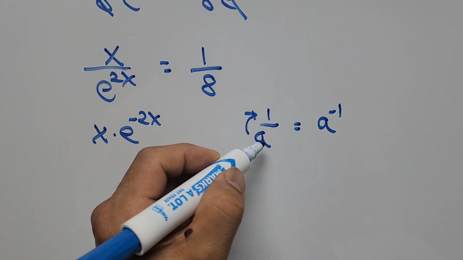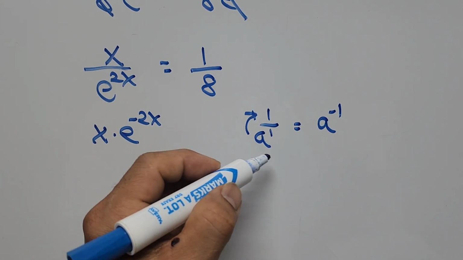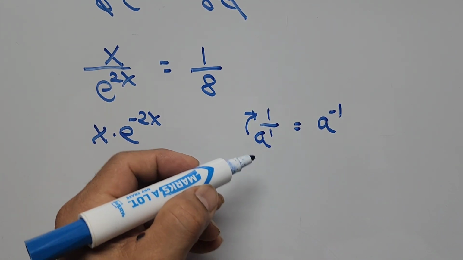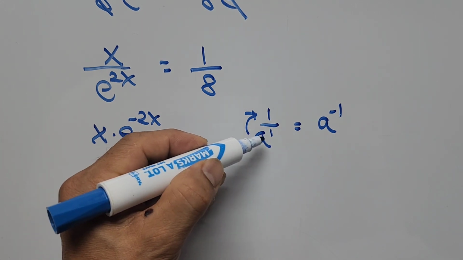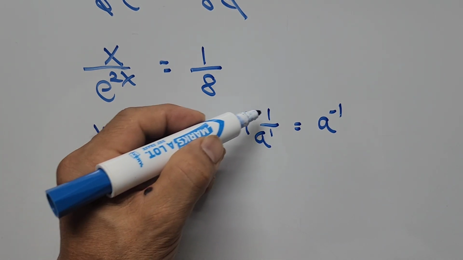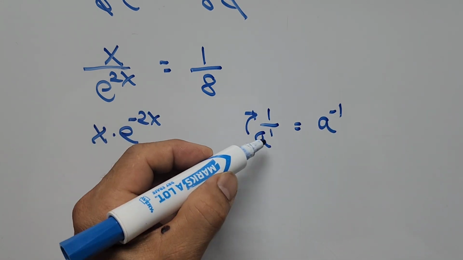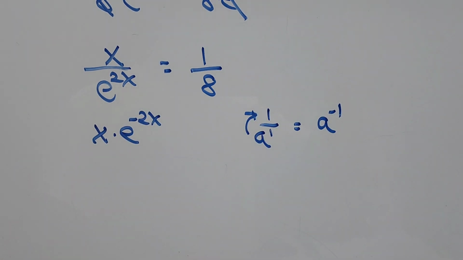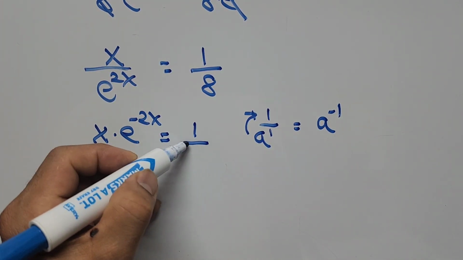The exponent of a normally is 1, even though it does not show. It's understood that if there's no exponent, the exponent is 1. And when you put it on top, the exponent goes from positive to negative. Okay. Then let's go back to our equation. The right hand side remains the same, 1/8.